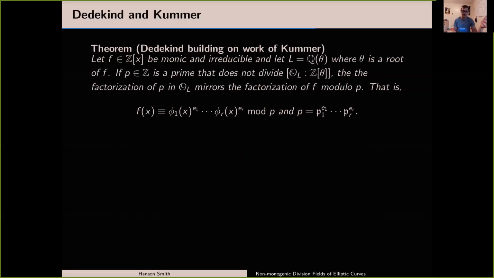And I just really think this theorem is very, very pretty. It's so cool. This polynomial mod P tells you everything you need to know about P factoring in the ring of integers of L.